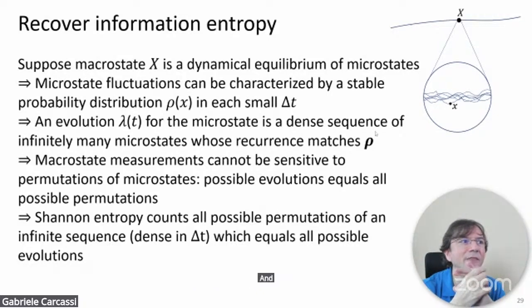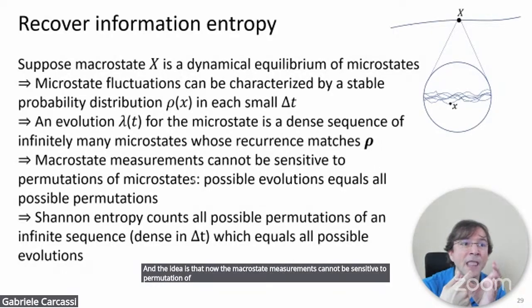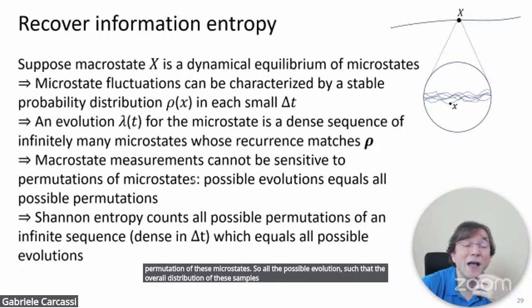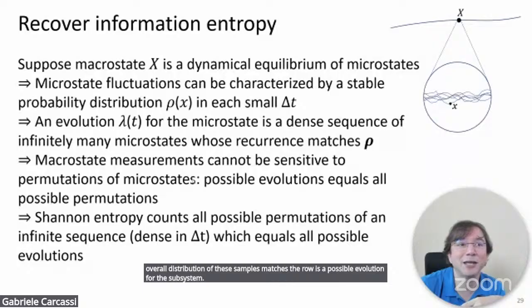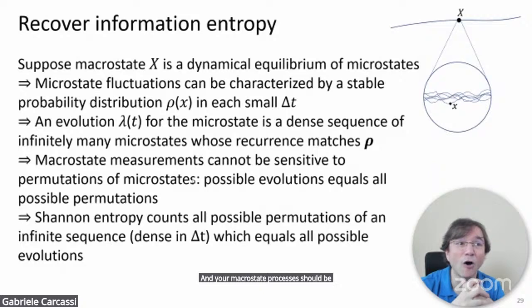And the idea is that now the macrostate measurements cannot be sensitive to permutations of these microstates. So all the possible evolutions, such that the overall distribution of these samples matches rho, are possible evolutions for the subsystem, and your macrostate processes should be independent of what actually is the realization of the microstate.